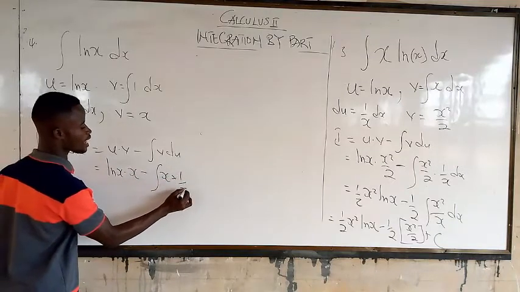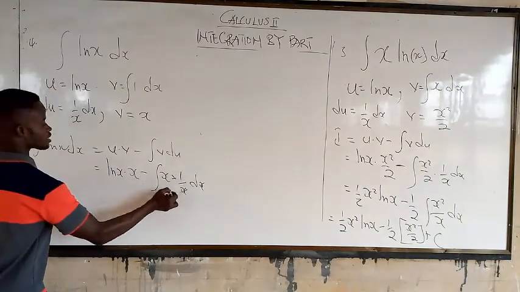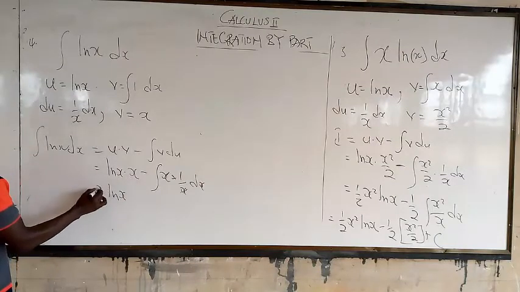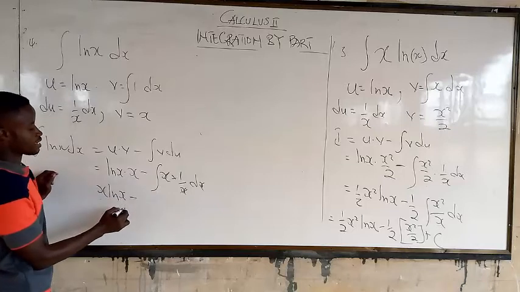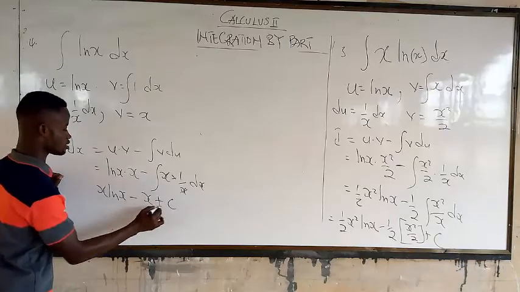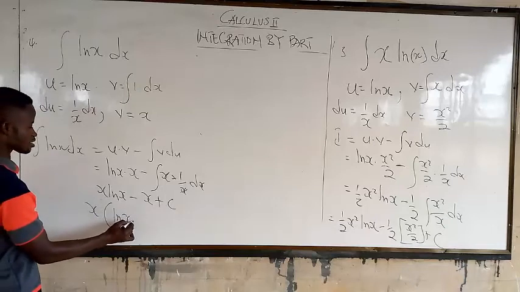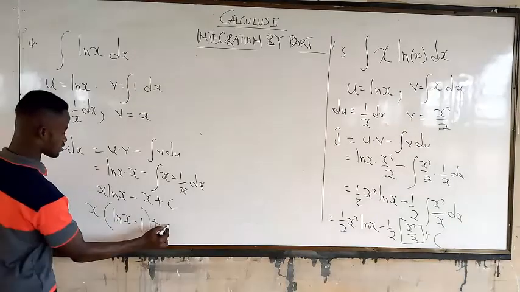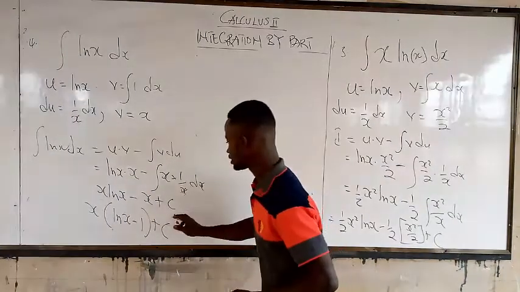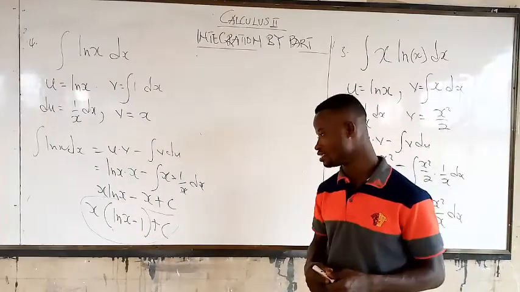Times 1 over s ds. Beautiful there. Now this cancels this. So we get s ln s minus, when you integrate 1, you get s plus c. We can factor s out here, and we get s times ln s minus 1 plus c. Very good. So this is the integral of ln s.